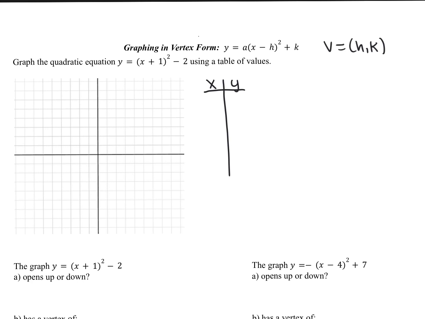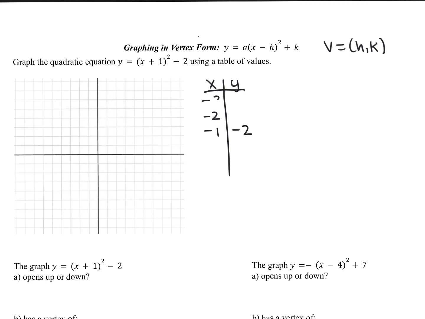If I have the opposites of those, that's what it's going to be. So a plus 1 inside the parentheses tells me I actually have an x value of -1. And then a value of -2 tells me I have a y value of -2.